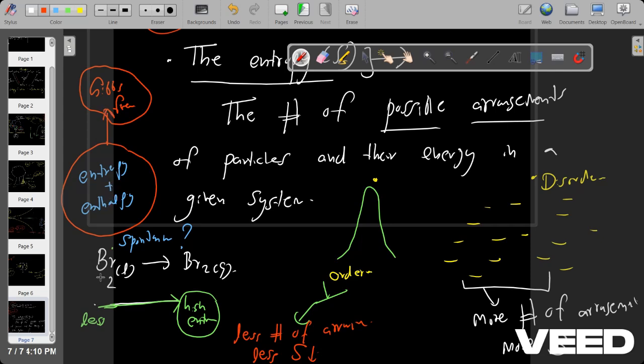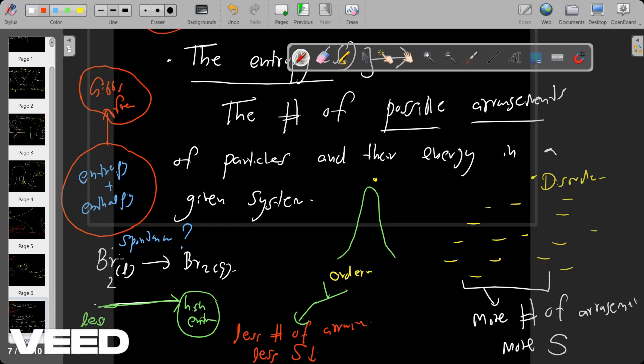Is it clear now? So be very careful when you are commenting on a reaction. They will ask you whether it is spontaneous or not. You say okay, entropy wise, it is highly likely, but you can't completely rely on entropy only. You have to combine entropy and enthalpy together. Even if the reaction is exothermic, you still can't say it is spontaneous.